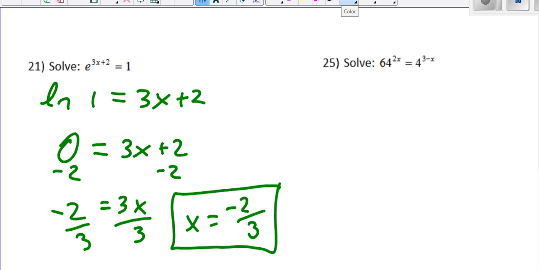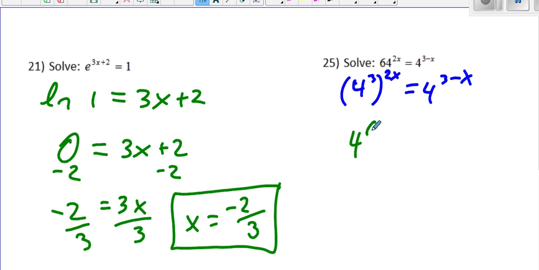This problem goes back to the ones we did before, where you have to make them be the same base. So 4, we can make 64 be a power of 4. You can also make them all be 2s, but 64 is 4 to the third. So it's a little bit easier that way. So you got power to a power, you got to multiply.